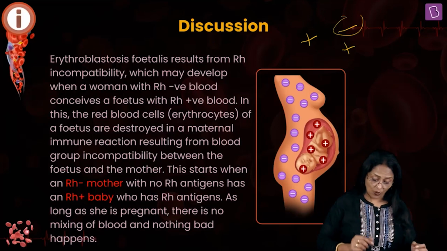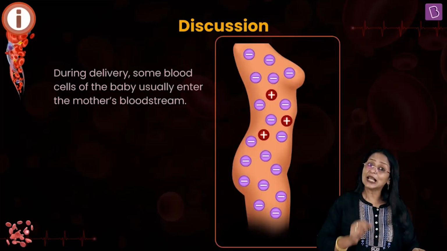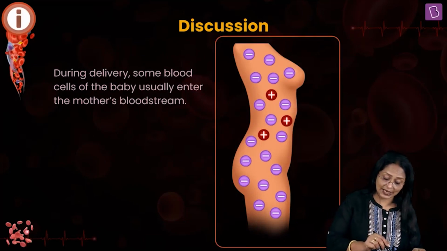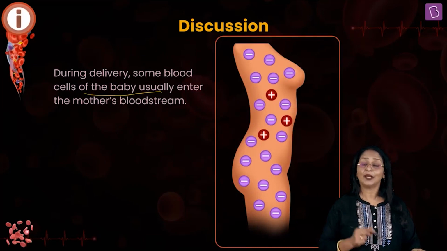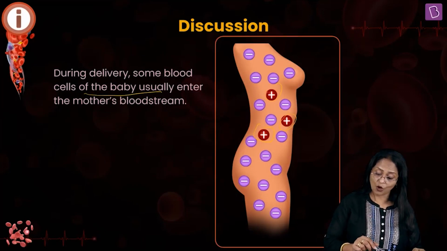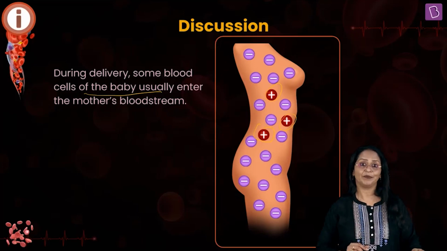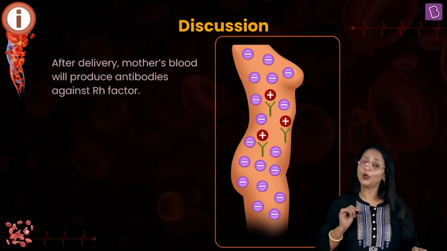But during delivery, some amount of blood escapes from the baby into the mother's blood. Now the Rh positive factors have entered the mother's blood. So now the mother is fine. But what is her body doing?